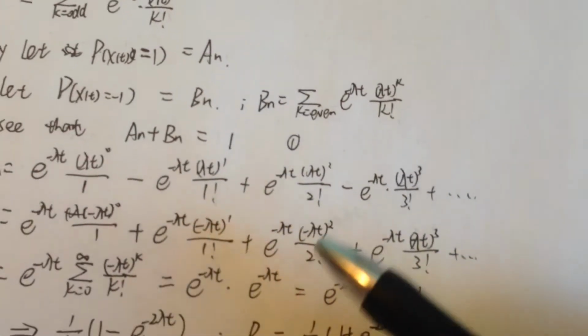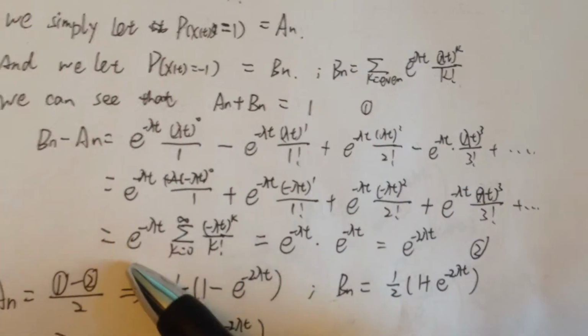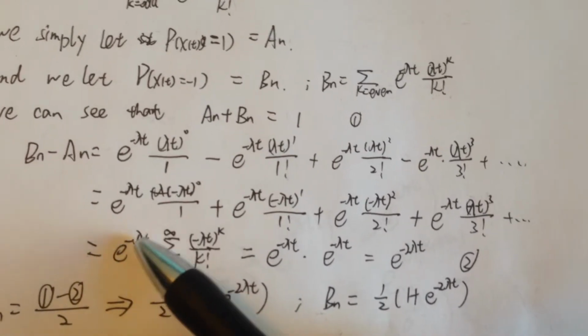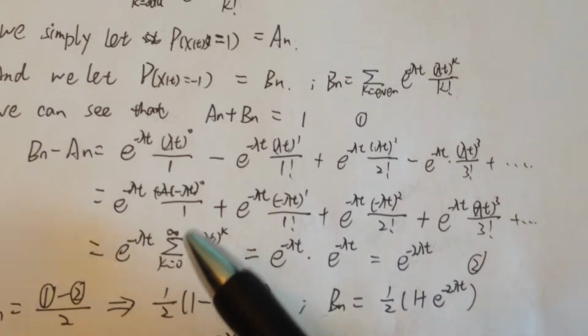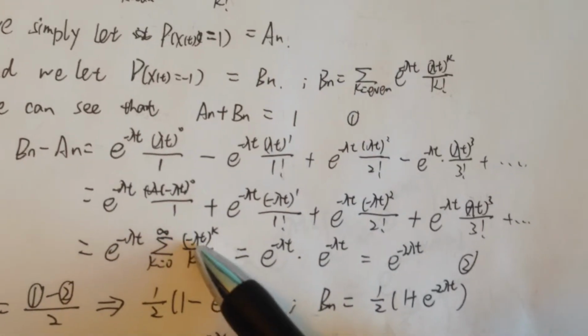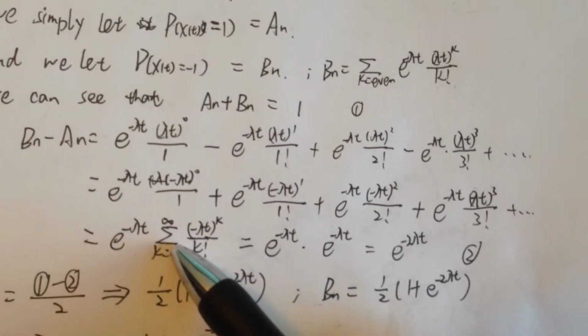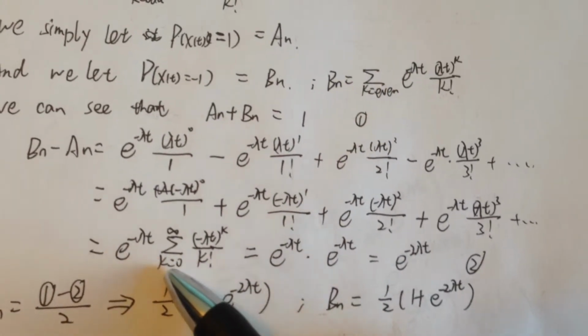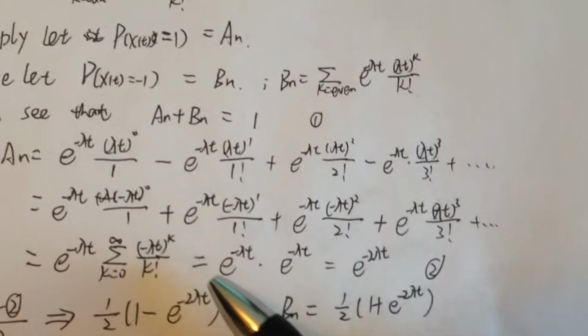It does not change the answer. And then we can easily find it equals e to the minus lambda t times the summation of (minus lambda t) to the power k over k factorial, and k is from 0 to infinity.